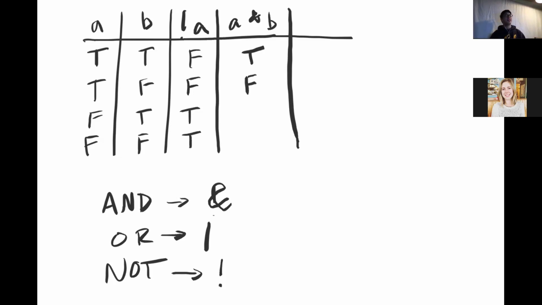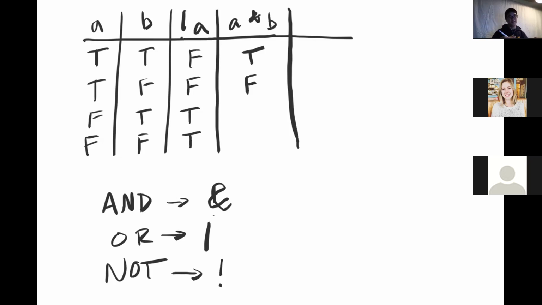So I think the best way you can think about this is with common examples. So I might ask, are you wearing a shirt and pants today? And if they're both true, then it's true. That would be different if I were asking you, are you wearing a shirt or pants today?